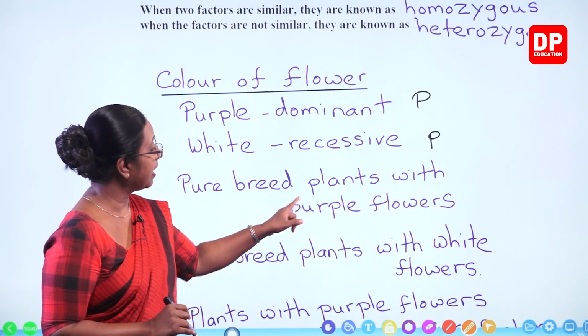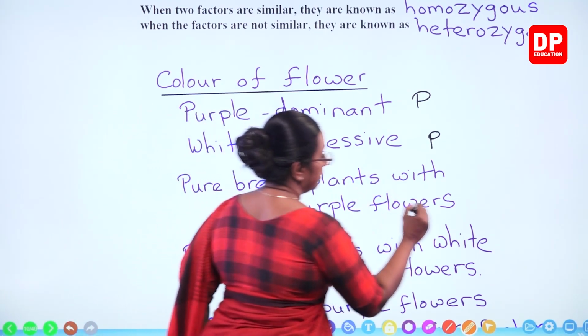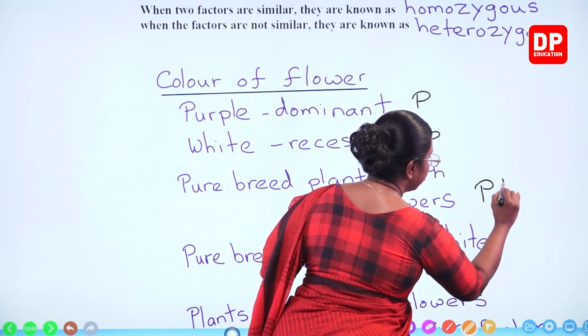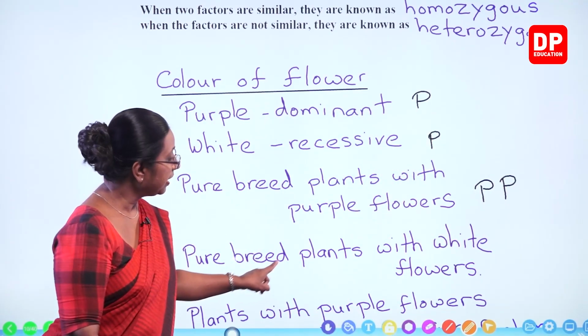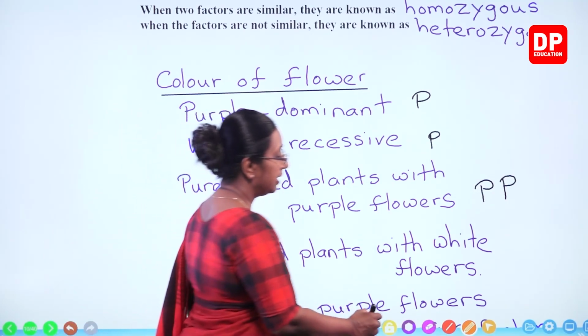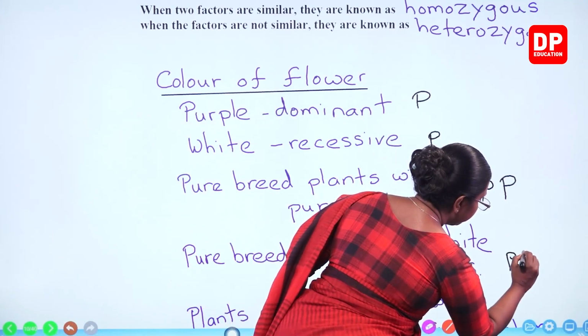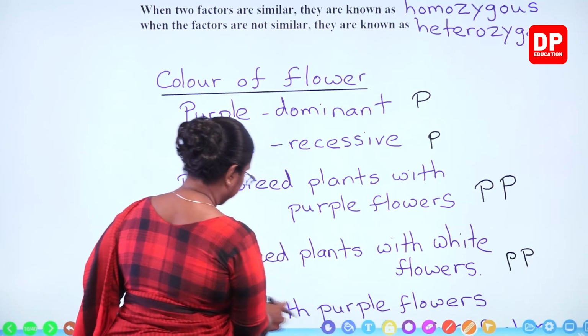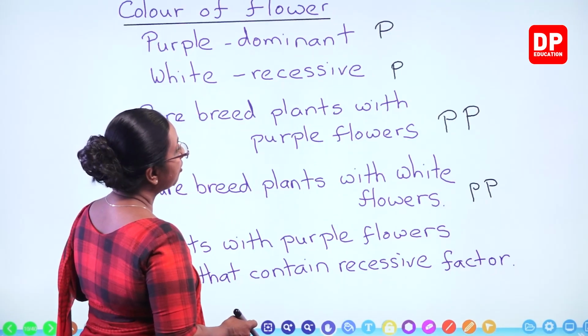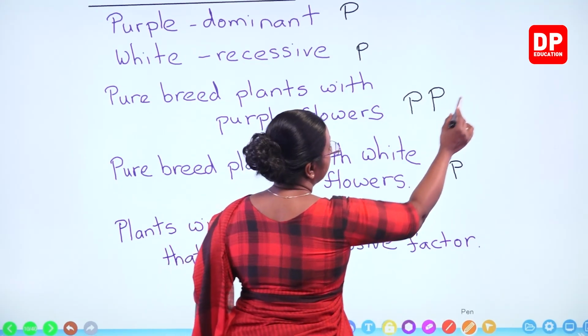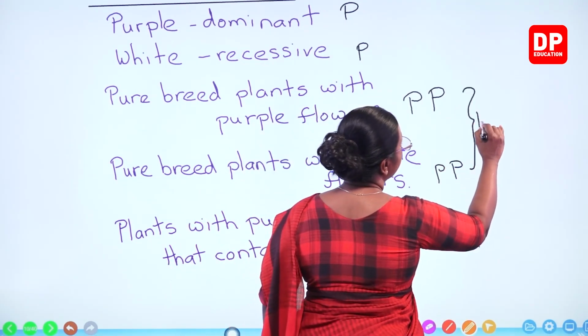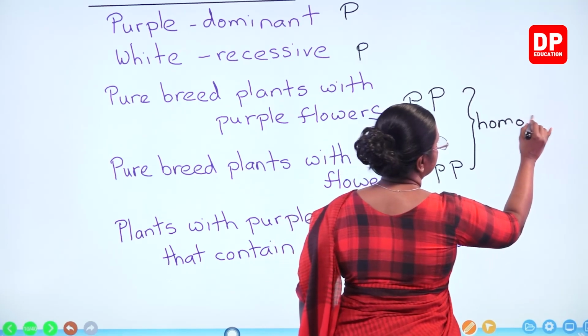Then pure breed plants with purple flowers, both are pure breed, capital P, capital P. Pure breed plants with white flowers, it will be simple p, simple p. Now both these, what do we call them? Both these are homozygous.